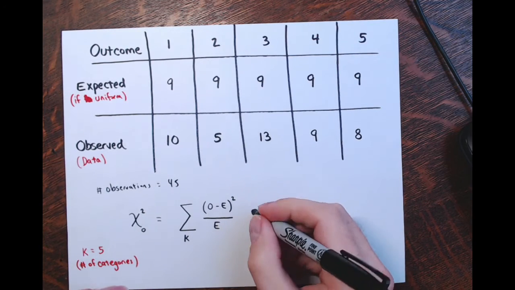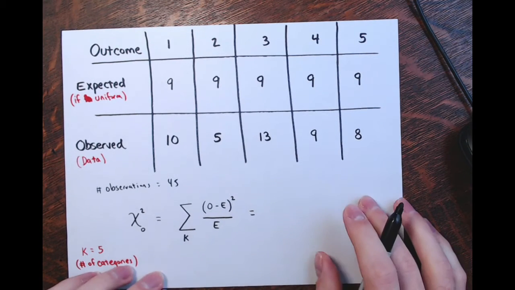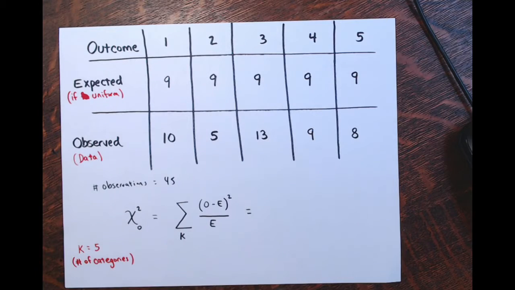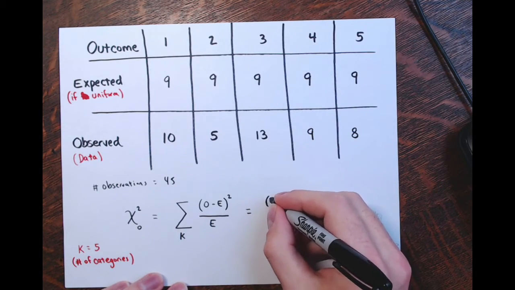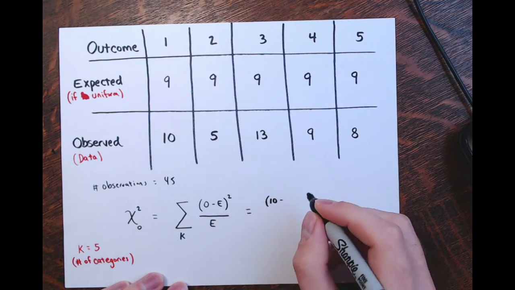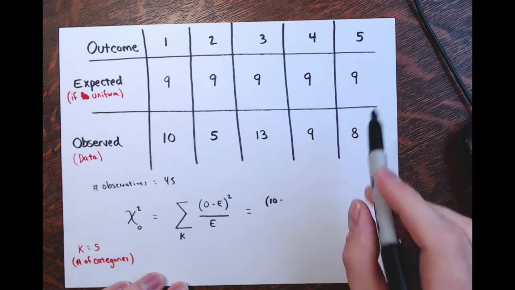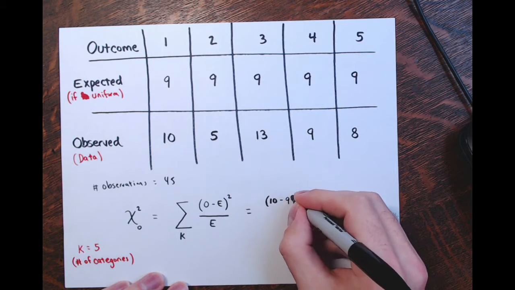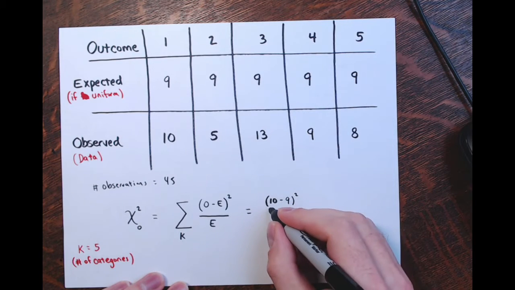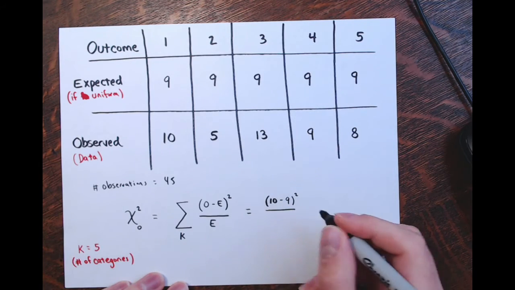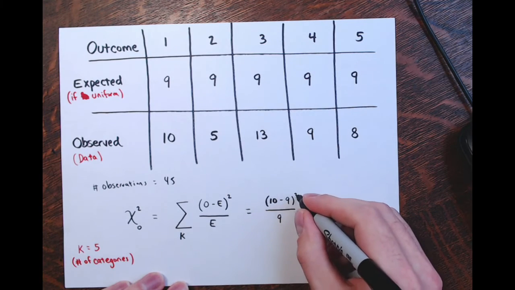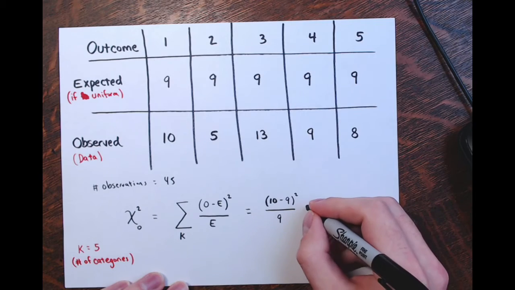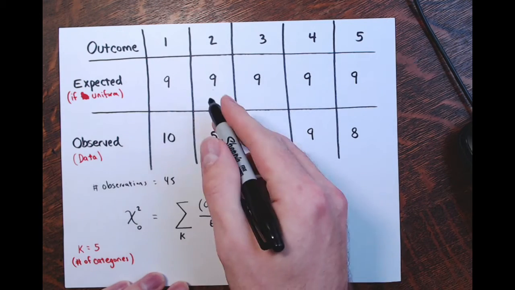If I do this out by hand, for category 1, 10 of the observations were in category 1 when, if I assumed it was uniform, I'd expect 9. So we have 10 minus 9 squared divided by 9: observed minus expected squared, divided by expected. Plus the next category.